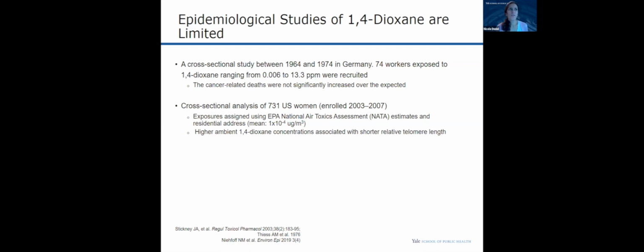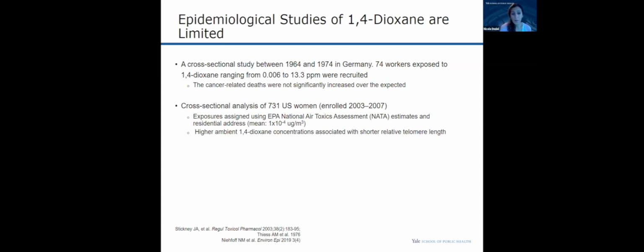In these 3 studies, we can really draw very few conclusions because of their smaller sample size and other challenges in the exposure assessment, like not actually measuring dioxane, for example.